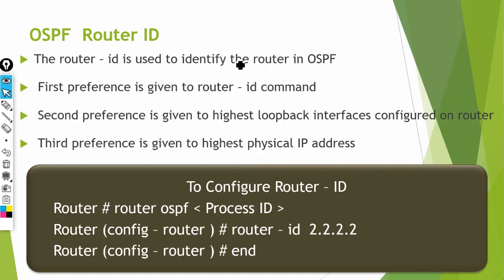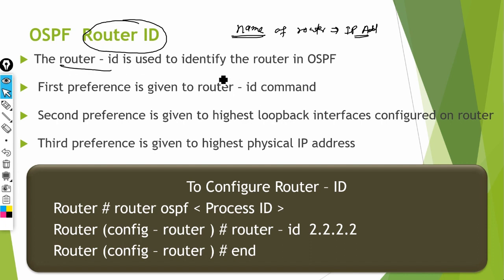Now, last but not the least, we have the router ID to discuss. As we discussed, the router ID is basically the name of your router, in IP address format. The router ID is used to identify the routers in OSPF, and the preference is similar to EIGRP.